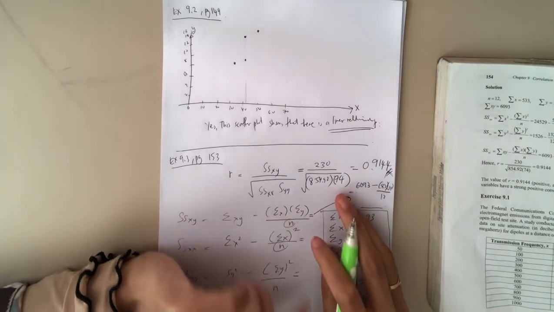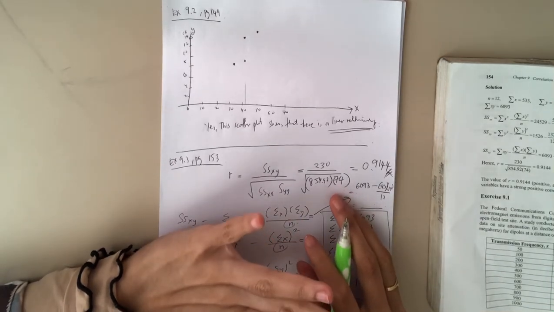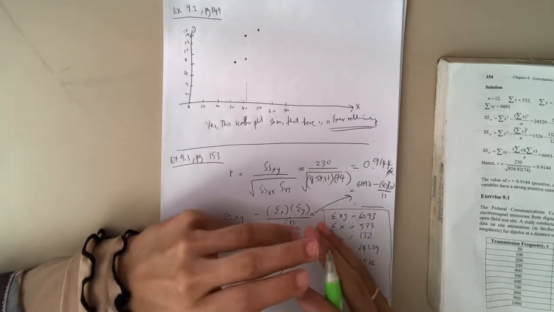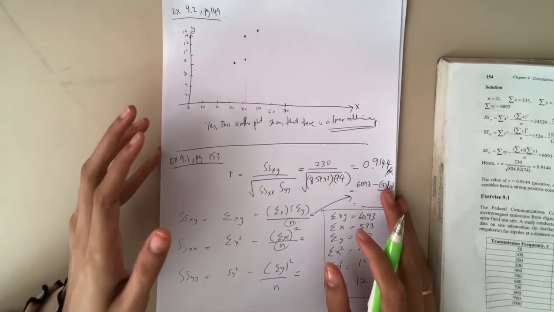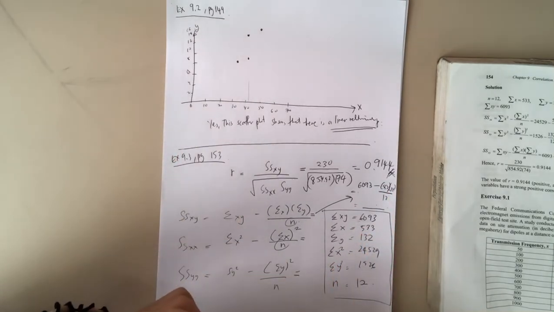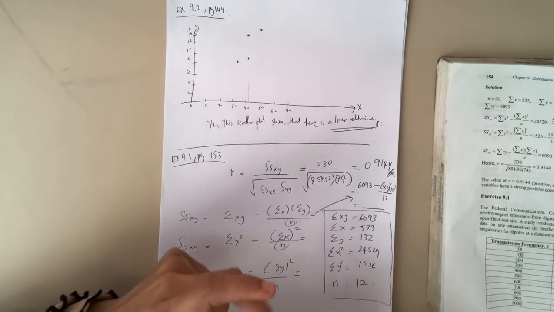Okay, class, it's not just to calculate the R, but you need interpretation. So how to interpret? It refers to the value of R just now. Your R is 1, or your R is near to 0, or your R is less than 0.